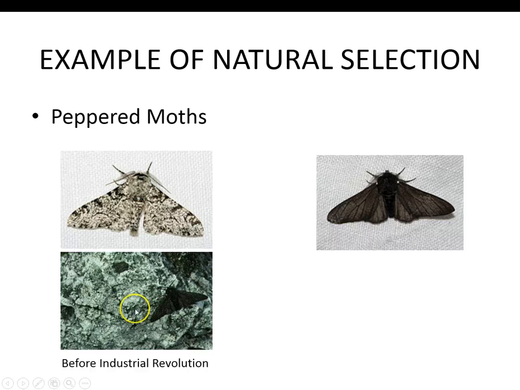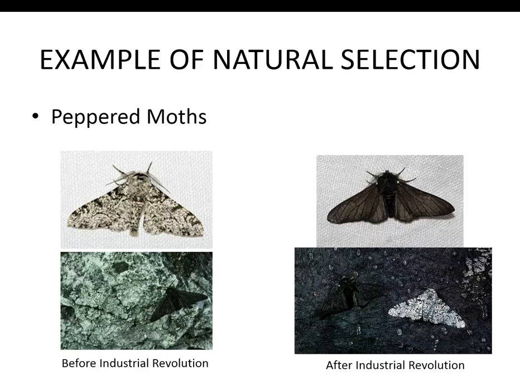So we would say that the lighter variation trait would be selected for. If nature is selecting a favorable trait, this is the trait that's selected for, because a hawk flying over looking for a snack doesn't see this trait, it sees this trait. So the lighter moths are the ones that survive more.